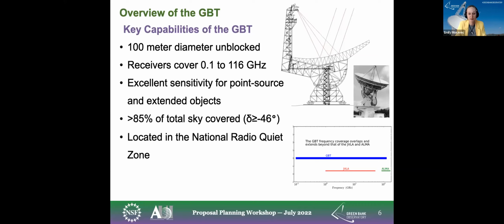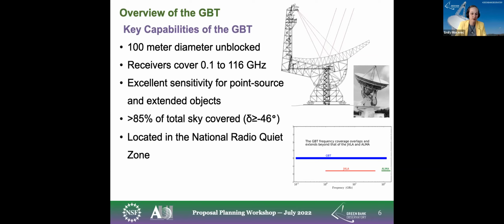The receivers cover a large frequency range. We have many different receivers, covering from 0.1 to 116 gigahertz. This is over 2 orders of magnitude, and it crosses over with the VLA and ALMA as well. It has particularly excellent sensitivity for point source and extended objects because of the large collecting area of the dish. So this is a great thing to use for science.